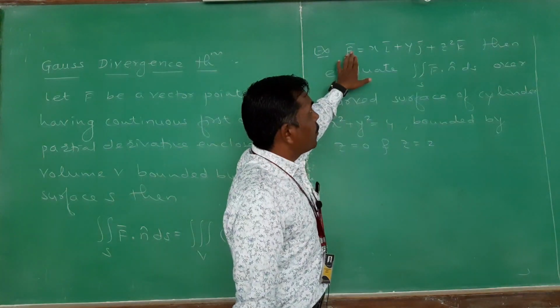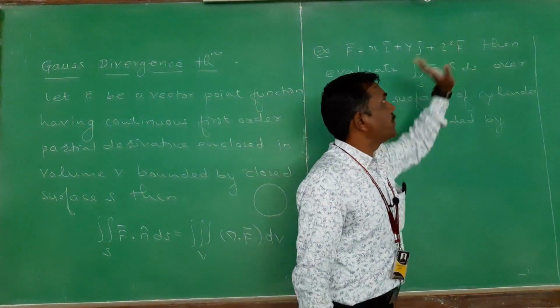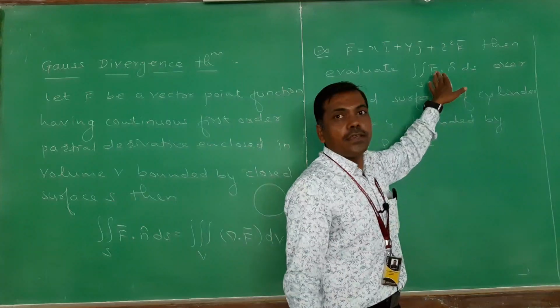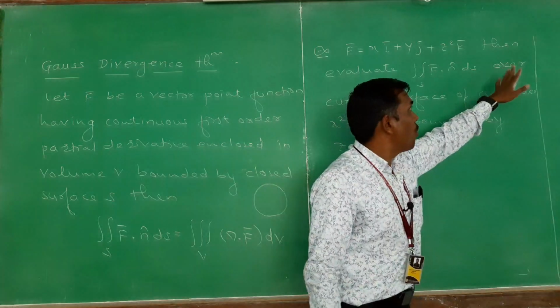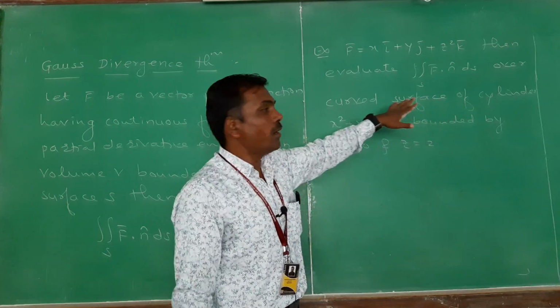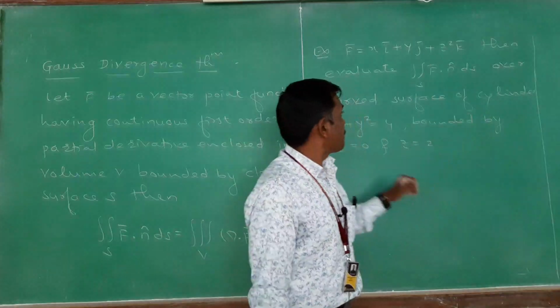Take the first example. Here f bar is equal to xi bar plus yj bar plus z square k bar. Then evaluate double integral over S f bar dot n cap ds over curved surface of cylinder. Here you have to concentrate on this word, curved surface of cylinder.